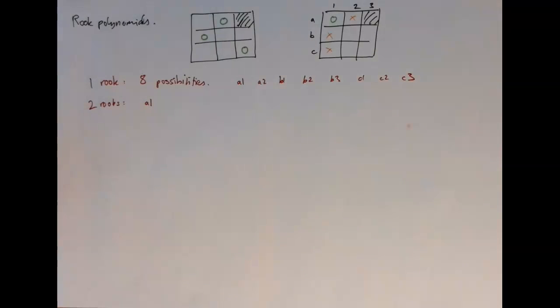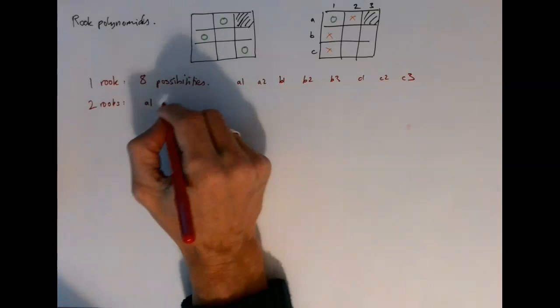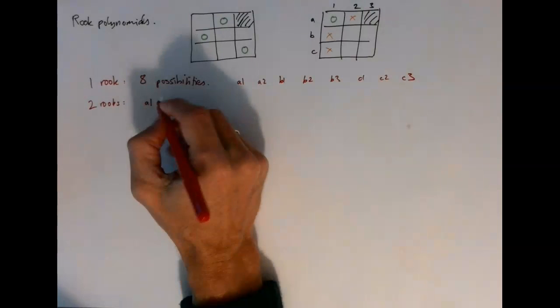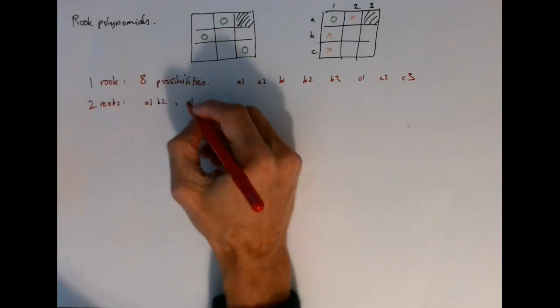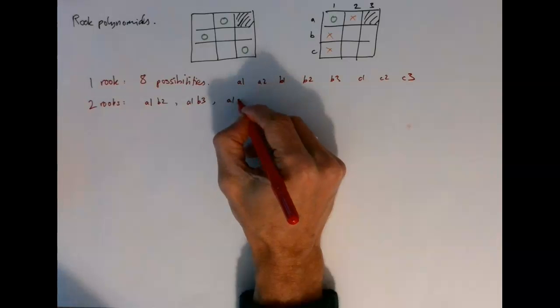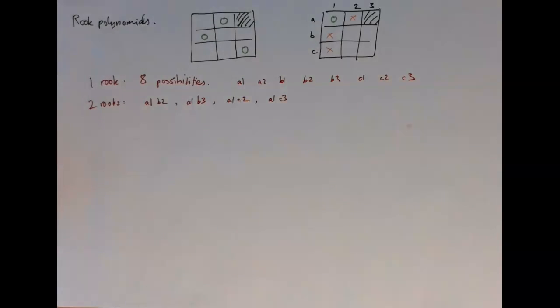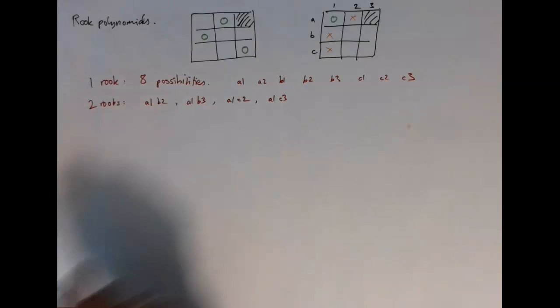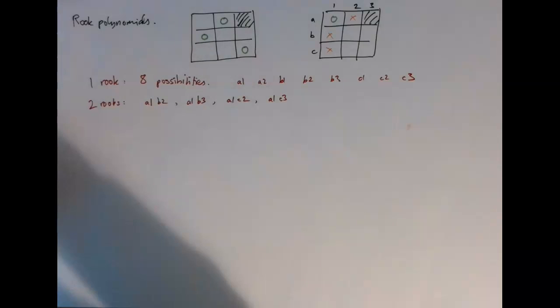Those are blocked off because they're in the same row or the same column. So our second one could go in B2 or B3, or C2 or C3. So we could have A1, B2, A1, B3, A1, C2, or A1, C3. Those are all the possibilities if we started by putting a rook at A1.